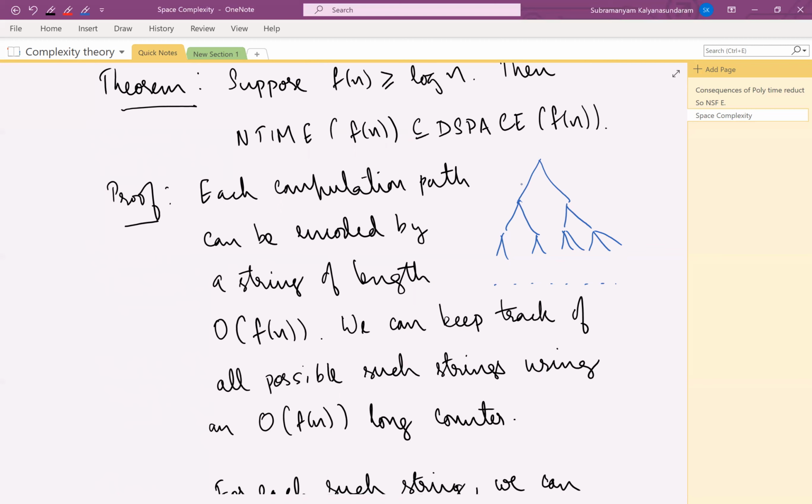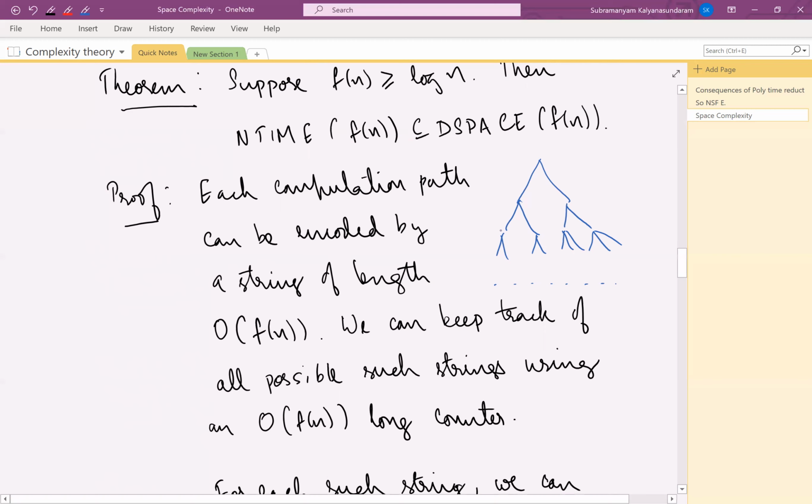So what the DSPACE machine will do is simulate this non-deterministic Turing machine that places the language in this class. This simulation can be done in order f(n) space. But the DSPACE machine is a deterministic machine, so you cannot magically explore all the paths together. So how does it do it? We don't need to actually use non-determinism.